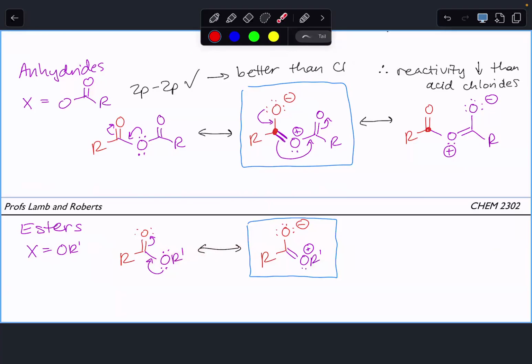Because esters only have 2 major resonance structures, this one therefore has a higher percent contribution, because it's not spread out over as many atoms, right? Here we have these electrons spread from this oxygen to this double bond to this double bond. Here we just have it on this oxygen and this double bond. There's no way for it to go in the other direction. Therefore, this box resonance structure has a higher contribution.